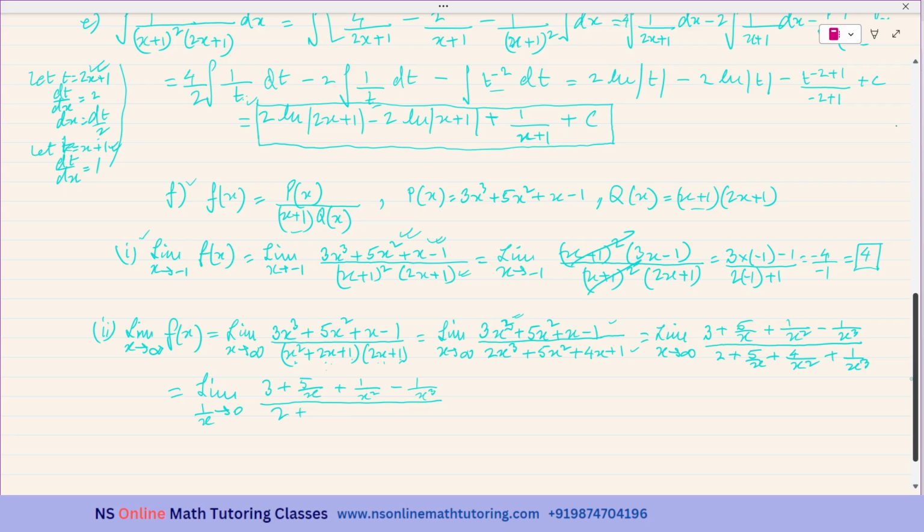Similarly, the terms from the denominator, plus 4 over x² plus 1 over x³, is equal to 3 over 2. You can write 3 over 2 or you can write 1.5, whatever you want. So this is the final answer for the second subpart of subpart F.